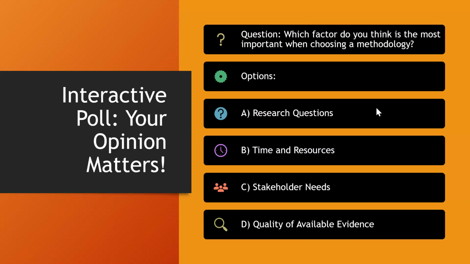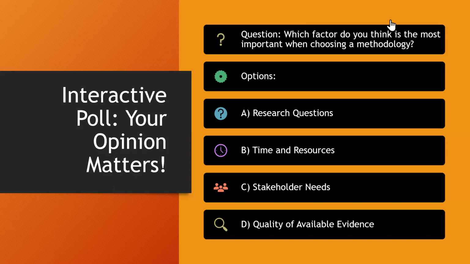Apart from the research question, you also need to consider time and resources, the need of your stakeholder, and the quality of available evidence. So the most important one is the research question. However, you have to consider all the options. Thank you.